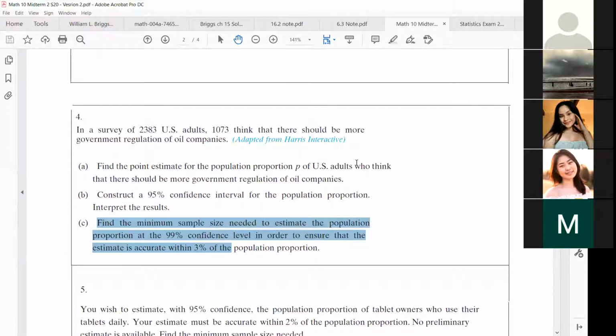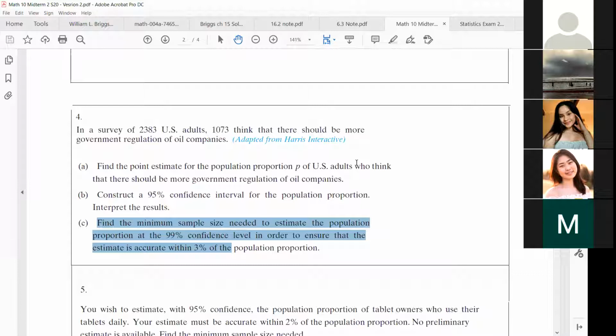So let's write this information on the board. N is given to us, 2,383.